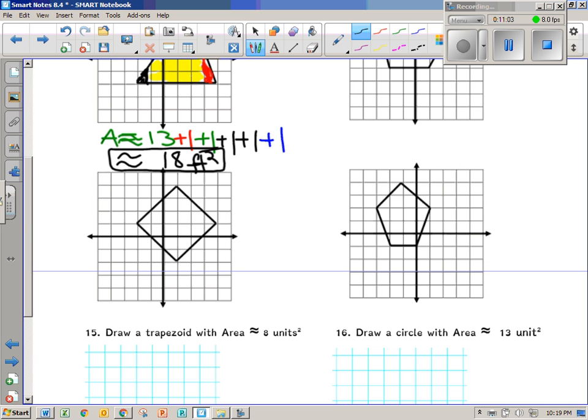If you just glance at this one, just to review a little bit, it looks like it is a parallelogram. It looks like a rhombus. Let's count all the ones that look like they're whole. So we've got 1, 2, 3, 4, 5, 6, 7, 8, 9, 10, 11, 12. So now I'm looking at this one.